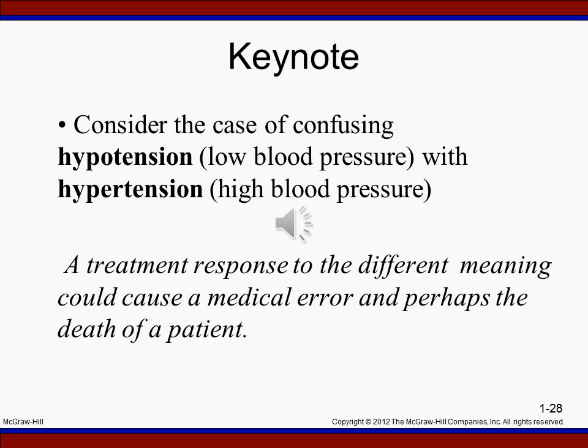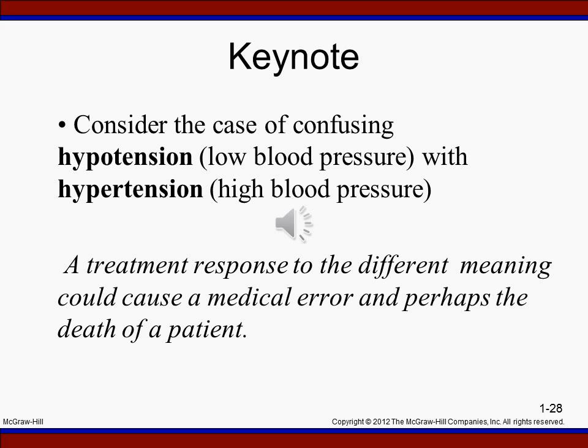Here's an example of words that need to be spelled correctly as well as pronounced correctly. These two particular words are talking about blood pressure, but these two prefixes are totally different. When we say hypotension, this means low blood pressure, and when we say hypertension, this means high blood pressure.